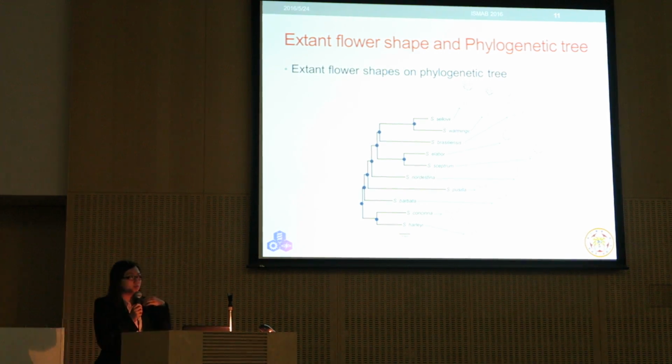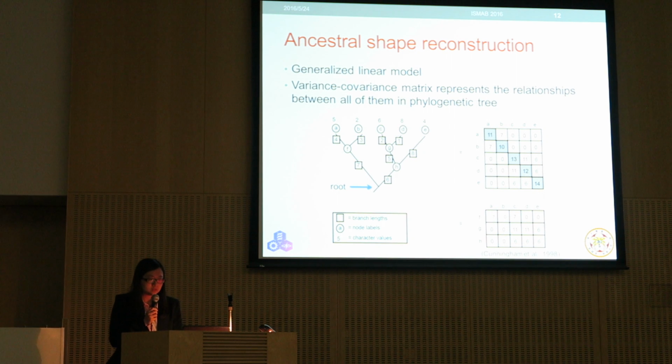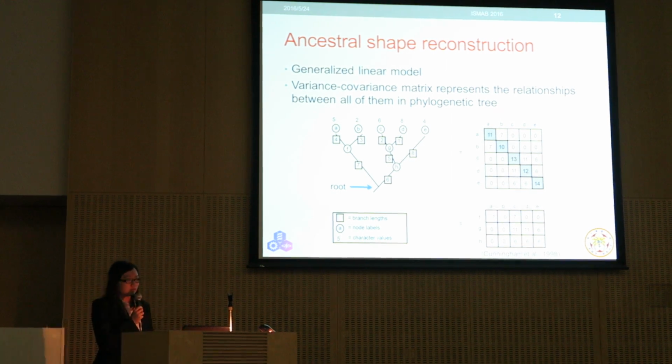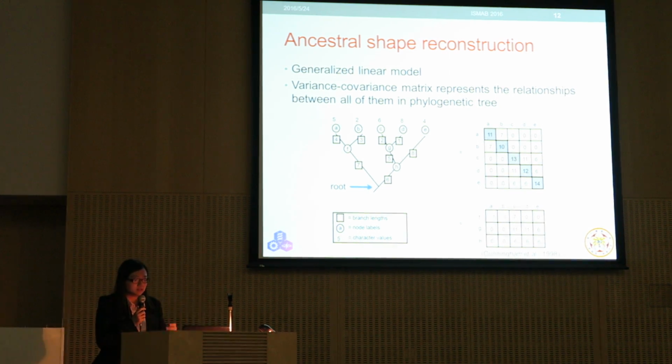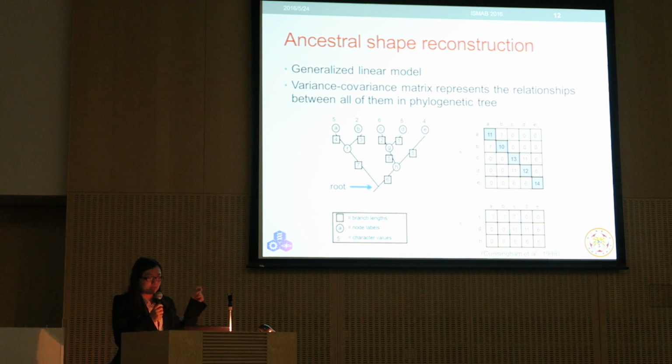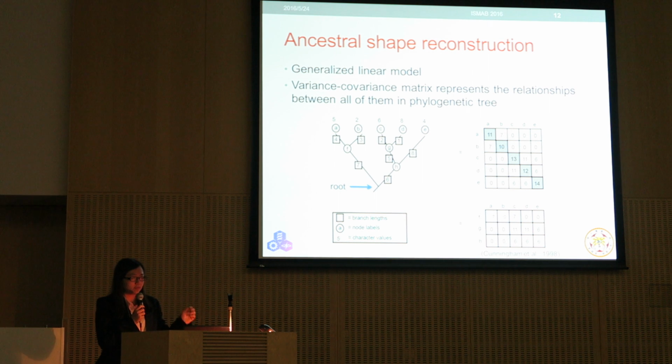So how do we obtain the ancestral flower shape? We use a generalized linear model and a variance covariance matrix to represent the relationship between all of them in the phylogenetic tree.